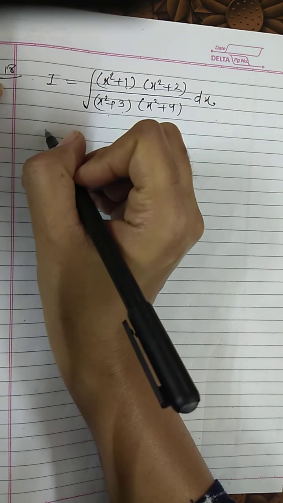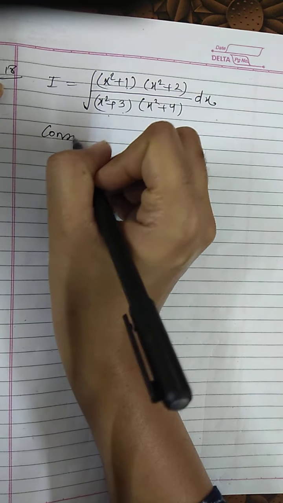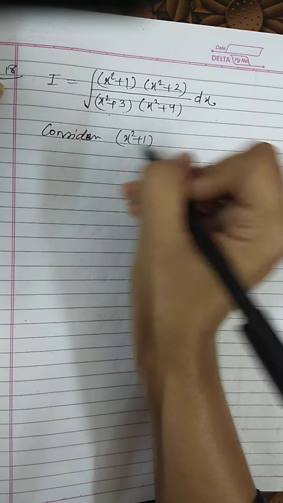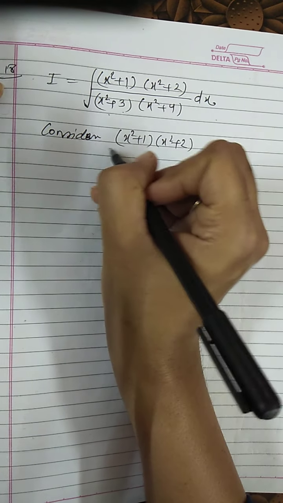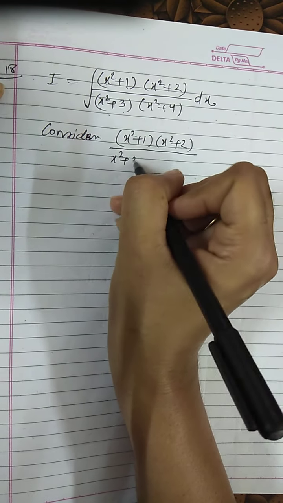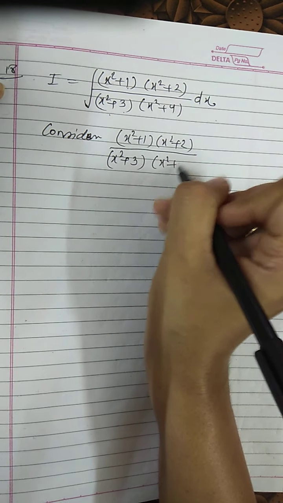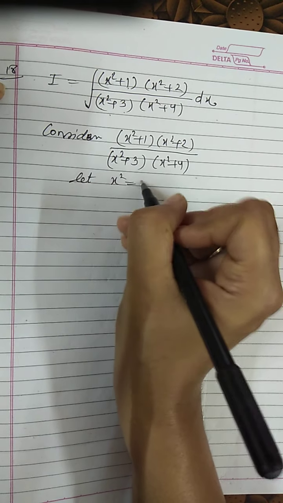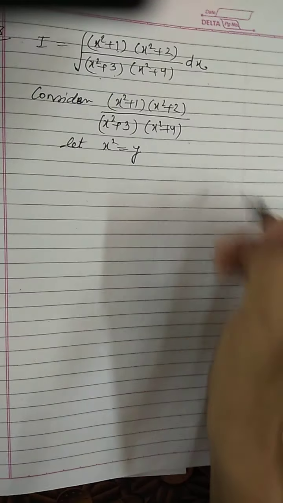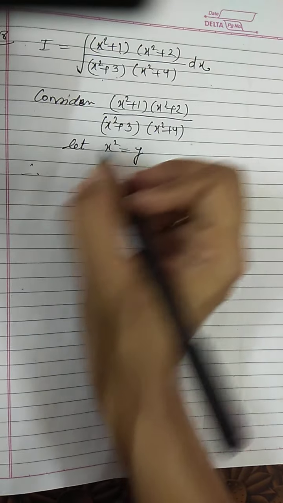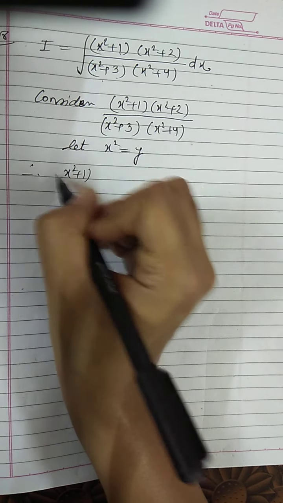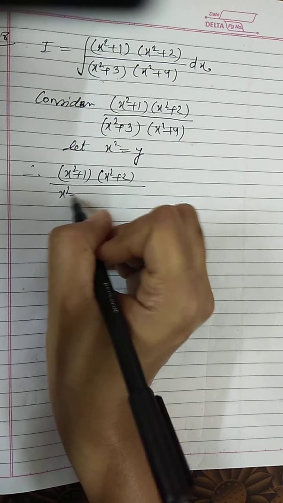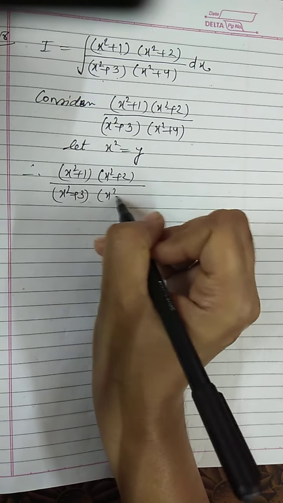So we will consider here first of all the integrand. What is the integrand? x square plus 1, x square plus 2 divided by x square plus 3 into x square plus 4, and we will take here let x square as y. Therefore our integrand will become y plus 1, y plus 2 divided by y plus 3, y plus 4.